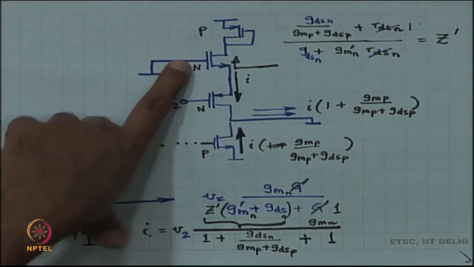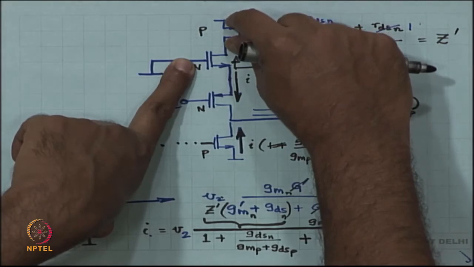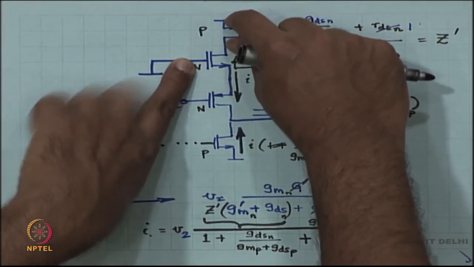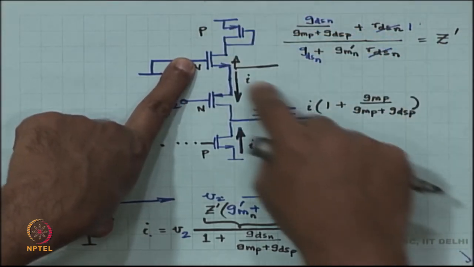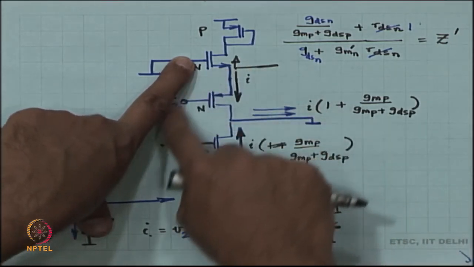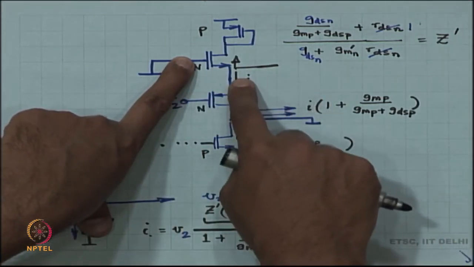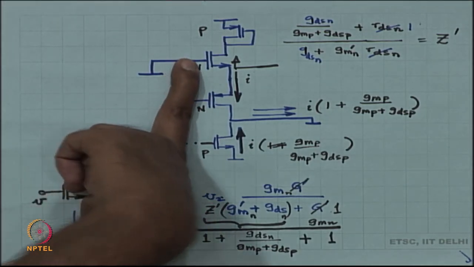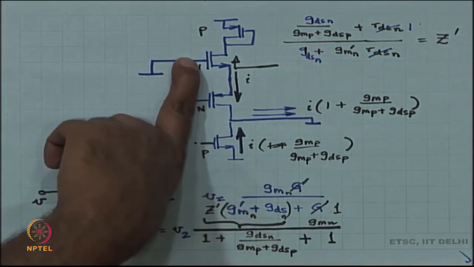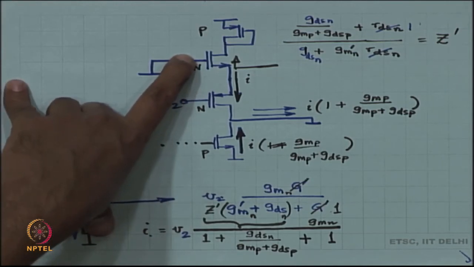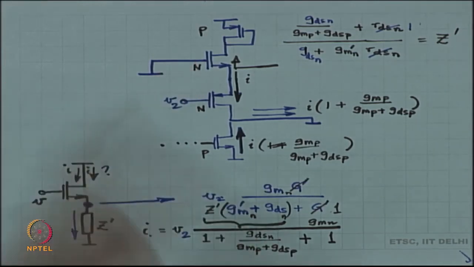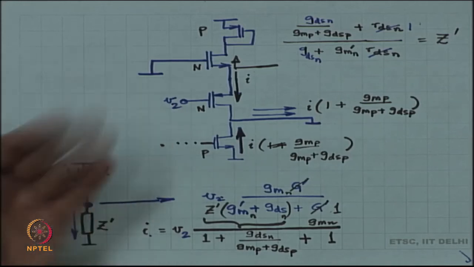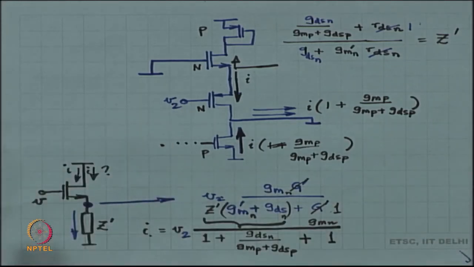Okay, we will apply V1, drain is terminated with a resistance. Okay. On the source side you have some complicated resistance. So, this is going to look like a source degenerated amplifier. Look, this is how the analysis goes. The analysis is always going to boil down to a one transistor circuit, right.